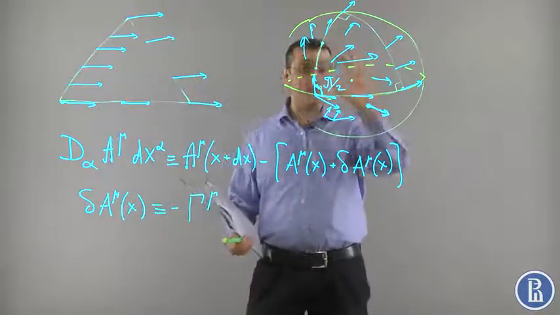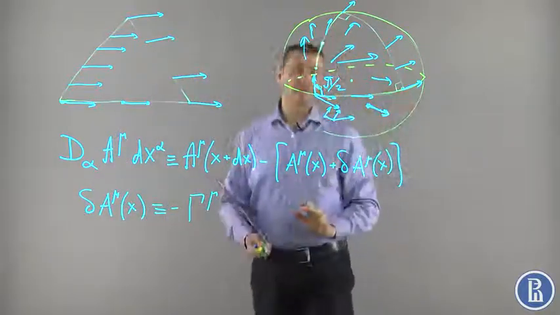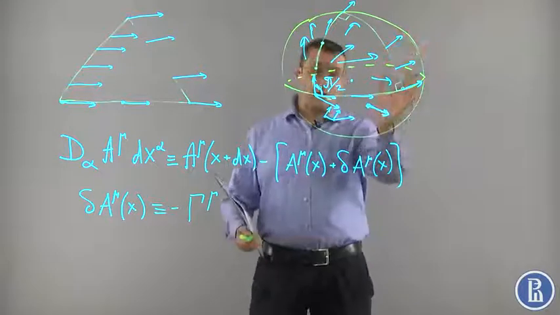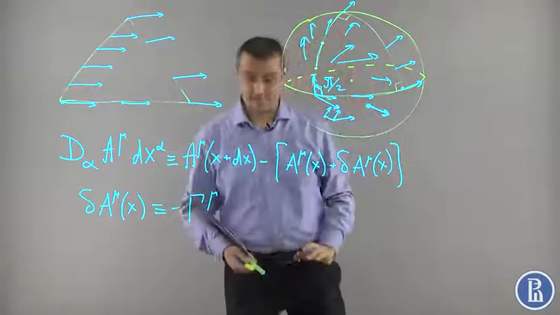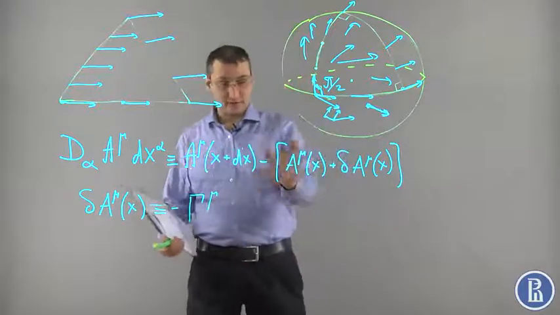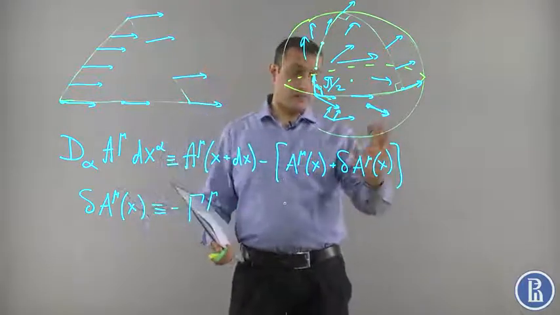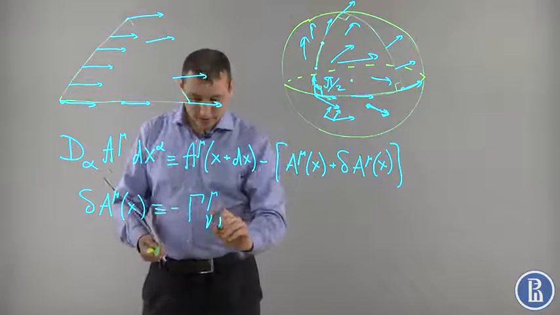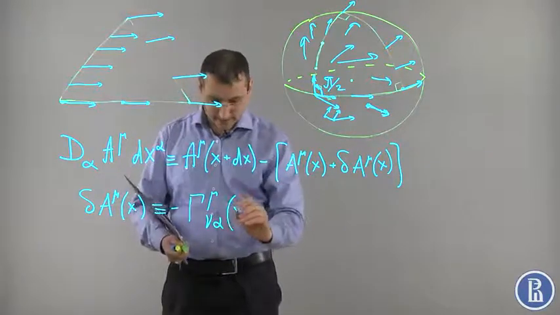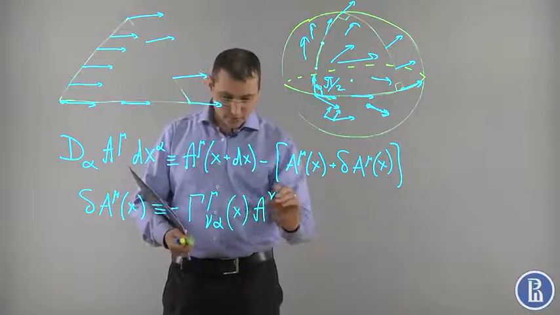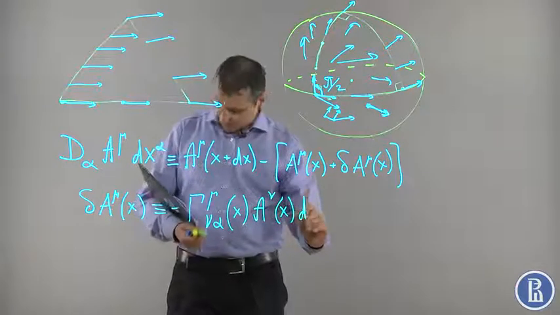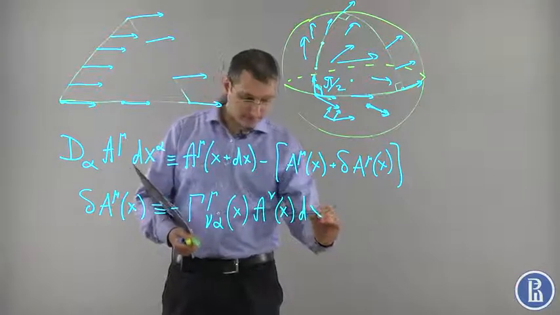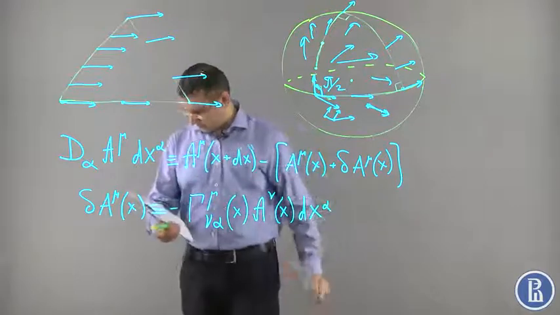Here is a concrete space, concrete curvature is defined. It's a concretely curved space, the two-dimensional sphere. In a more generic situation, rotations can be more complicated. This is just an illustrative example. So Gamma nu alpha of x, A nu of x, dx alpha, where this is the connection.